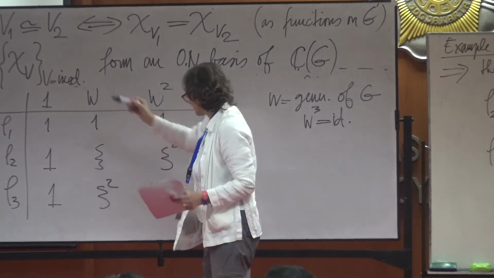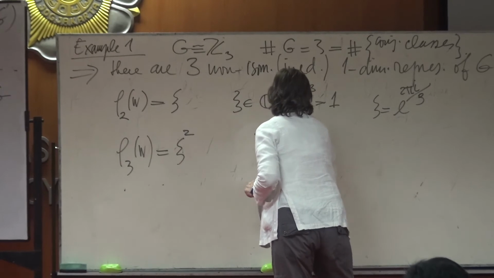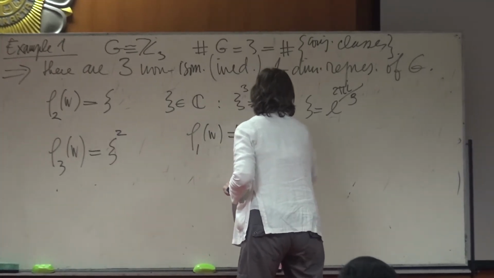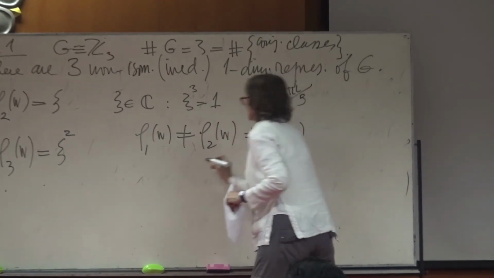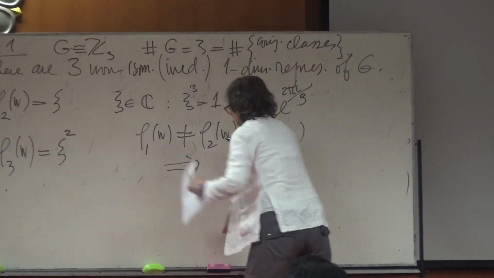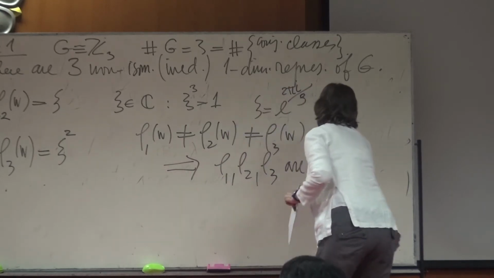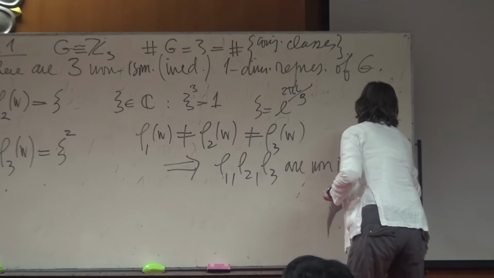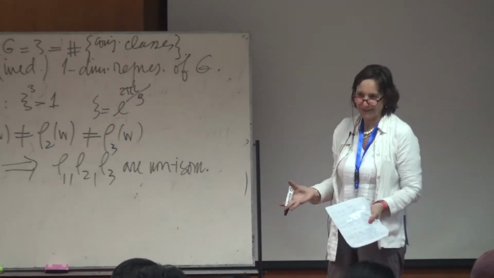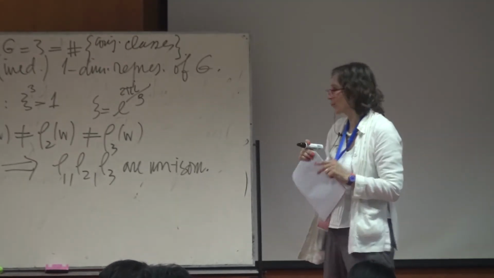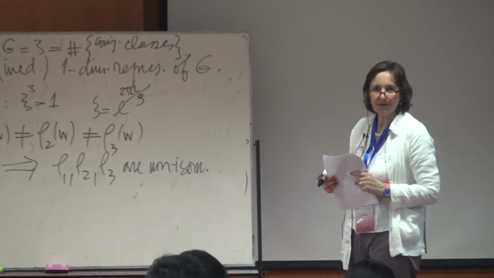So you see that rho 1 of W is different, and this says that rho 1, rho 2, rho 3 are non-isomorphic. By irreducibility, we believe it. But for curiosity, we could compute the norm of these three characters.